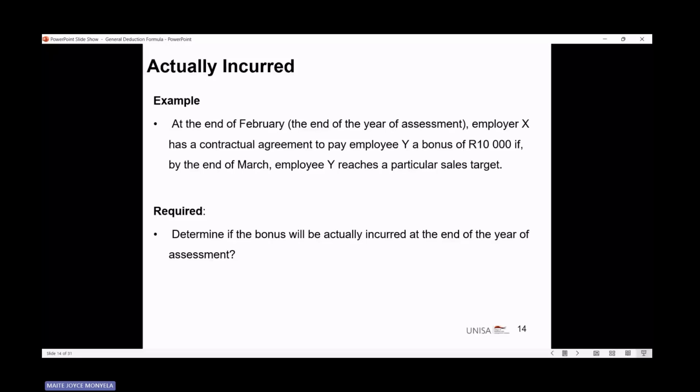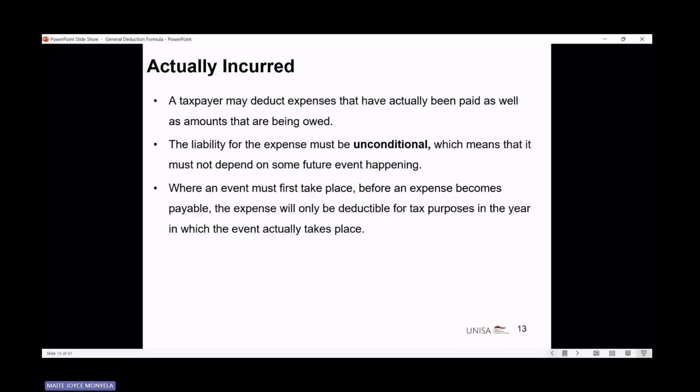So when you answer this question, remember we are testing actually incurred. When you test actually incurred, the expenses must be unconditional. It must not depend on the future. And the second important thing is that the event must take place before the expense becomes payable. The expense will only be deducted for tax in the year of assessment.